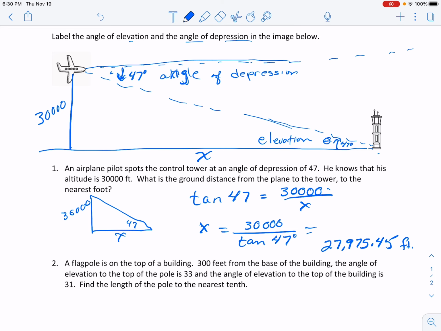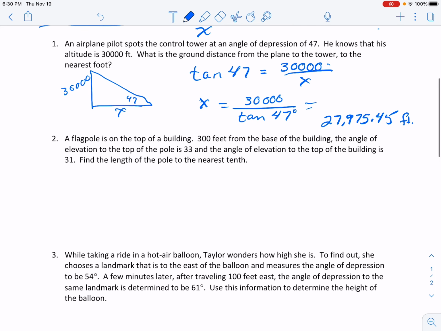Their application problems. Okay? A flagpole on top of a building is sitting on top of the building. So here's my building. 300 feet from the base of the building, the angle of elevation to the top of the pole is 33.